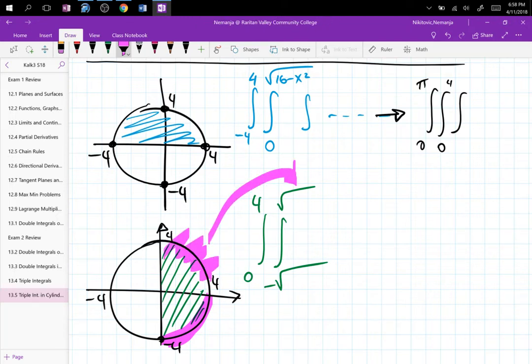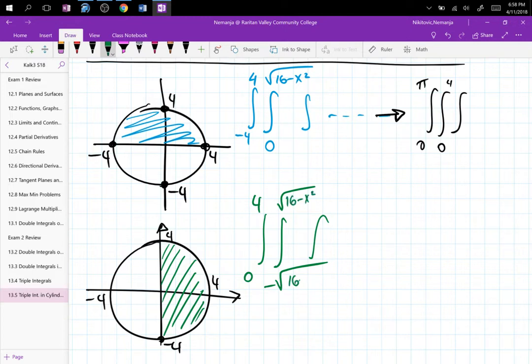So they both survive in that case. So that's my triple integral. This is 16 minus x squared and 16 minus x squared.